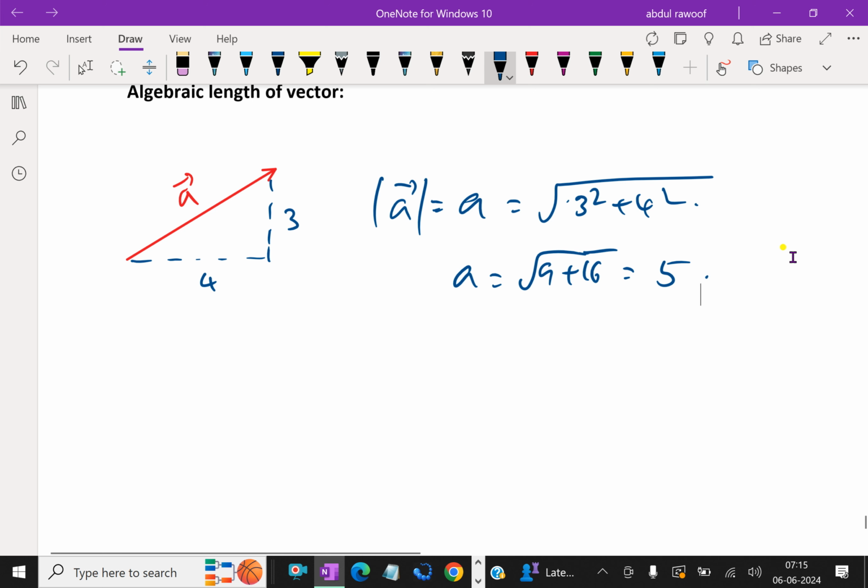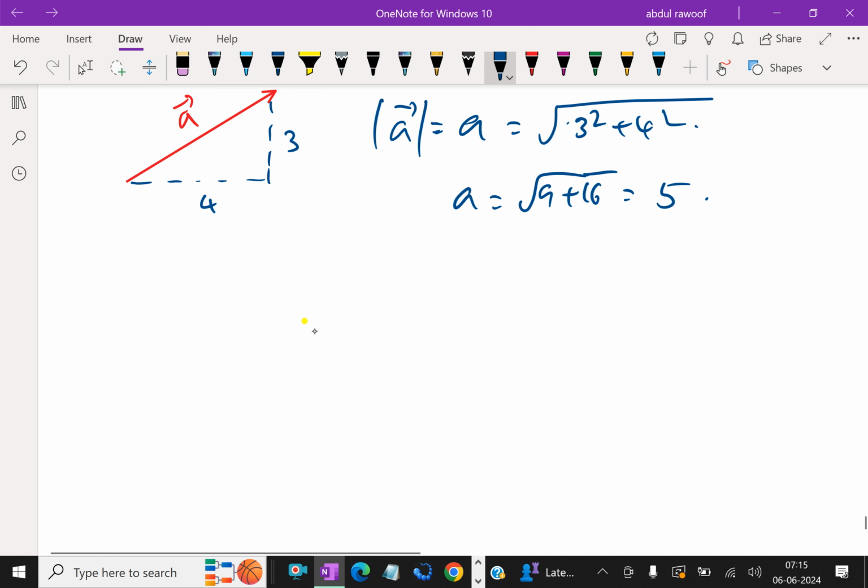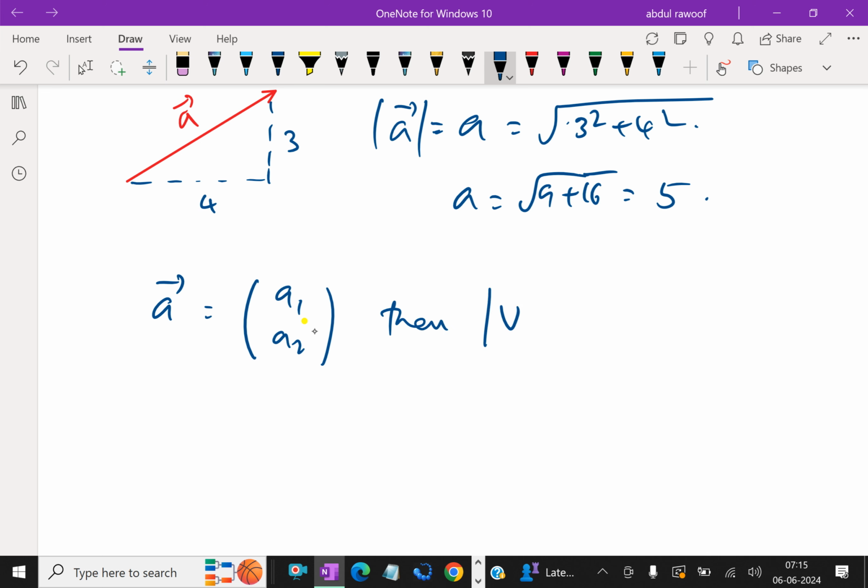Therefore, the magnitude of this vector is 5. That is the algebraic length of this vector. In general, if vector A is given as A1, A2, then the modulus of this vector, that is its algebraic length, equals the square root of A1 squared plus A2 squared.